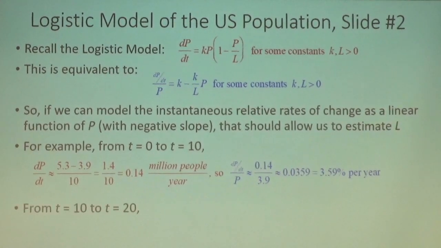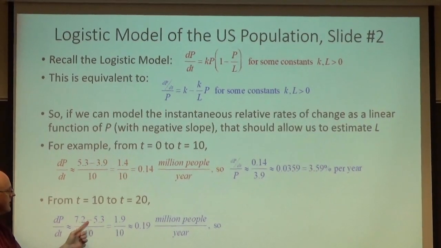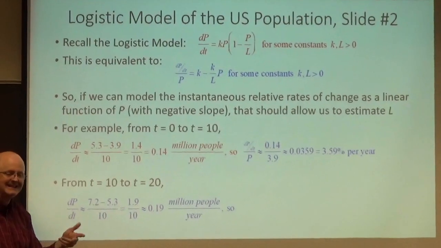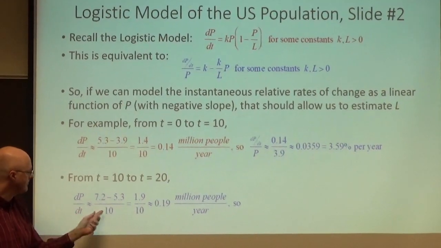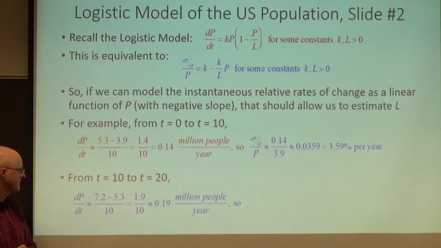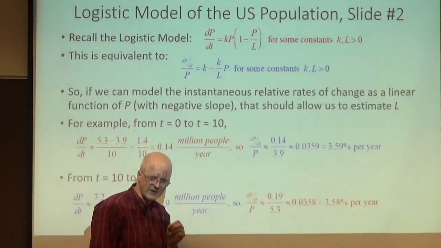What about t equals 10 and t equals 20? Then the population grows from 5.3 million to 7.2 million. 1.9 million more people in the year 1810 than in the year 1800. Divide by the change in time, 10 again, and you get this rate of change, and then this corresponding relative rate of change. Emphasis on the word relative, this is a percent.